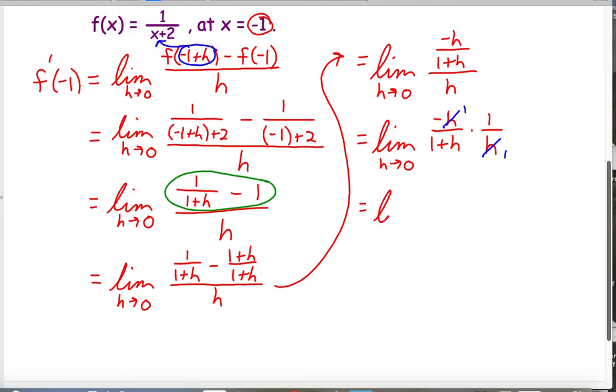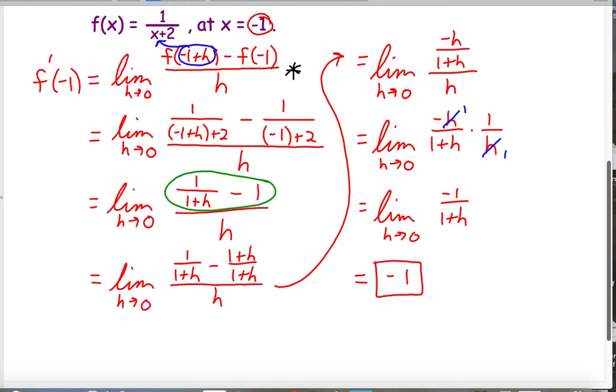So I'm doing the limit as h approaches 0 of negative 1 over 1 plus h. Now I can actually evaluate this limit. I couldn't originally, because if I just plug in 0 for h back in the beginning, I'm going to get division by 0. So I had to wait until I simplified my expression. And so now as h approaches 0, I'm going to get negative 1 over 1, which is just negative 1.